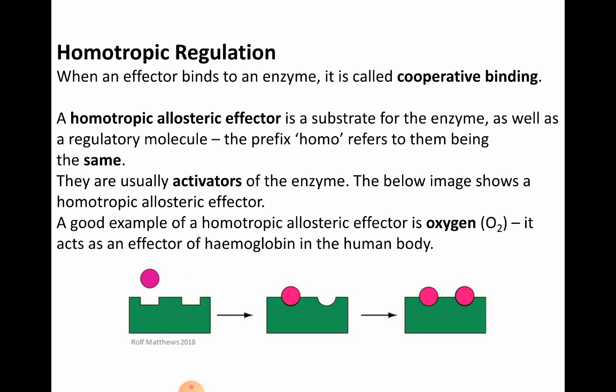That is called homotropic regulation or a homotropic allosteric effector. They are usually activators of the enzyme. The image here describes the homotropic allosteric effector. A good example of a homotropic allosteric effector is oxygen. It acts as an effector of hemoglobin in the human body.